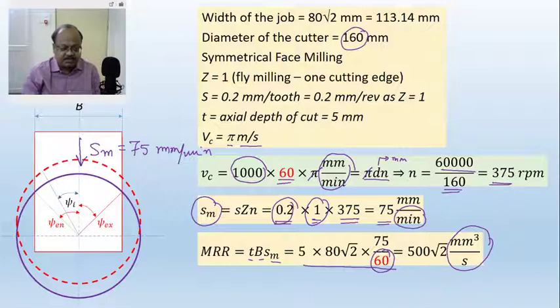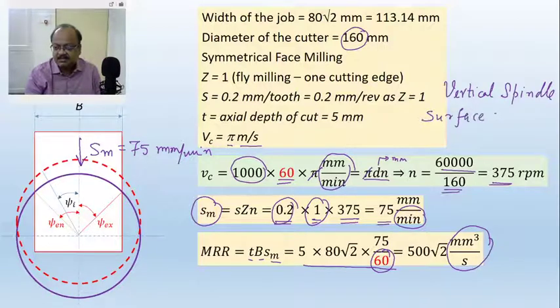This approach can be implemented one is to one, as I said earlier, in vertical spindle surface grinding with two different kinds of tables.